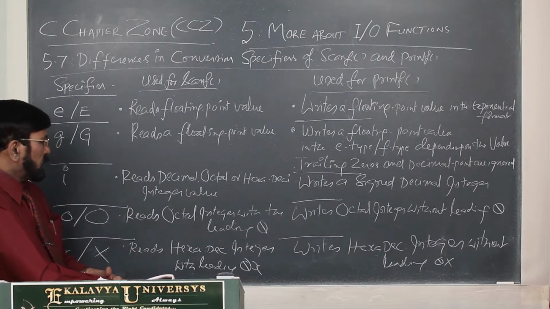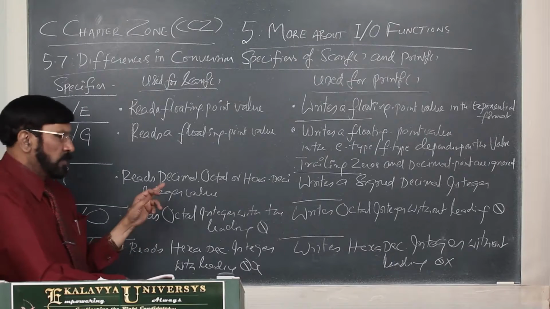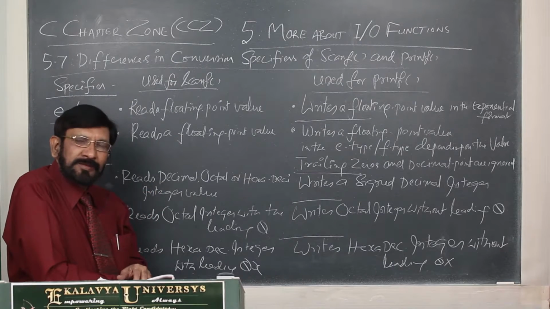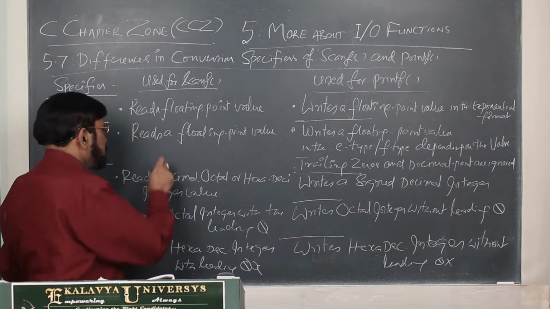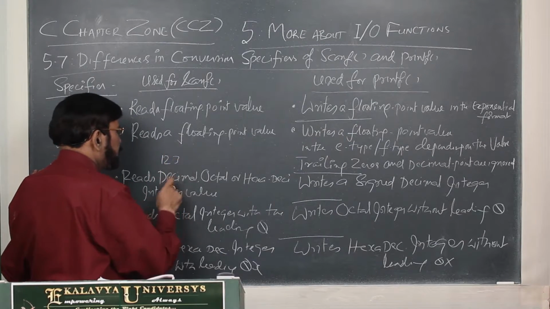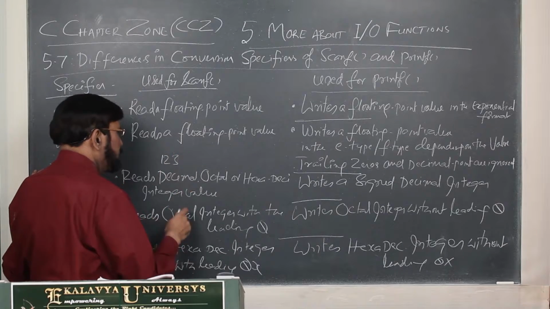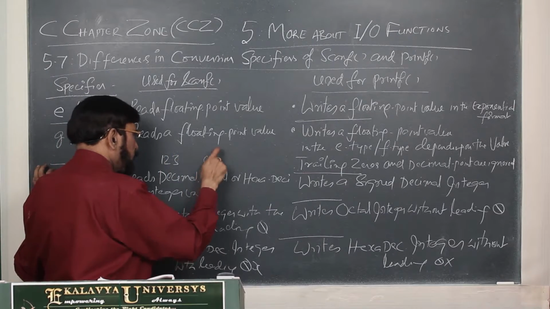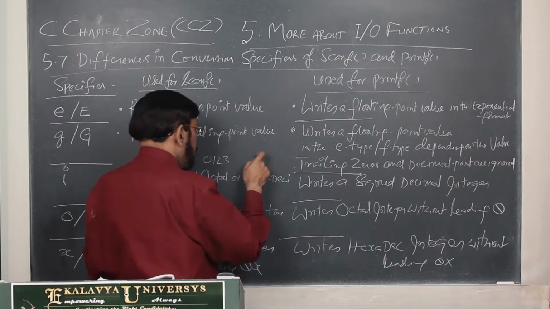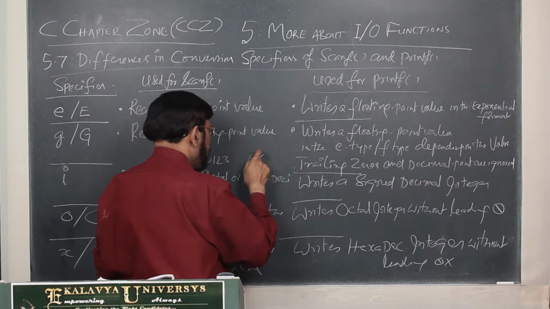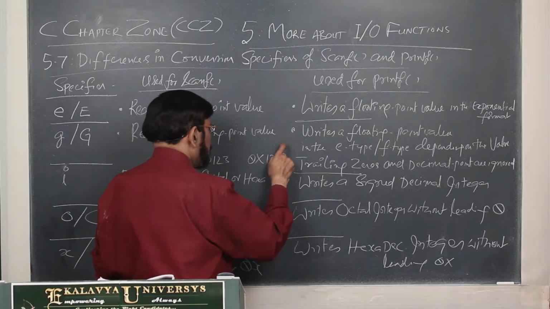Using lowercase i, percentage i, we can read an integer value in 3 forms. It may be either decimal, that means you may give 1, 2, 3, or you may give 1, 2, 3 in octal, and you may read 0x 1, 2, 3.